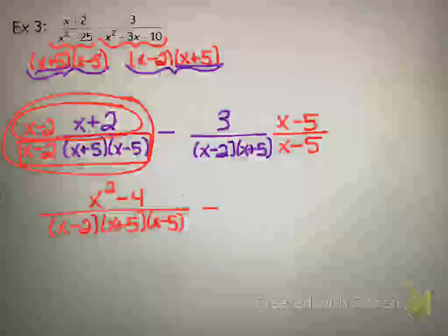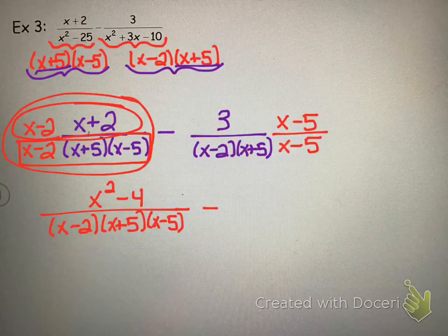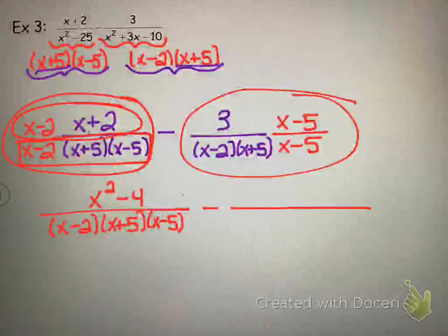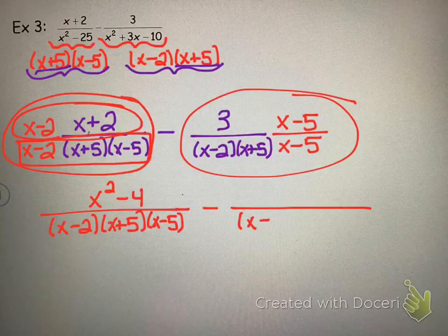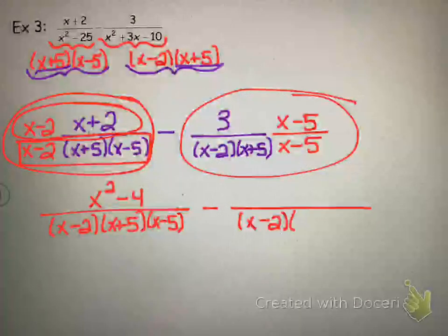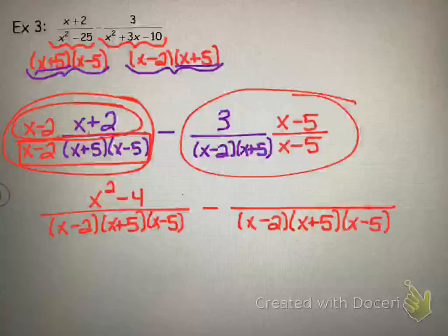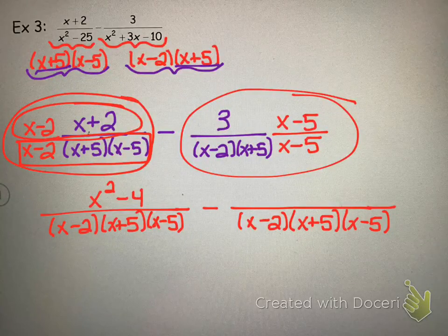And then the minus sign again, because I still have yet to start combining the fractions. And then when I multiply these two together, the denominator is going to stay in factored form as well. And the factors don't even have to go in the same order. They can go in any order that you want them to, as long as they have the same three factors in there.